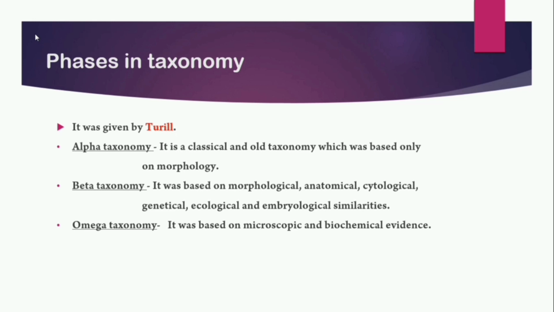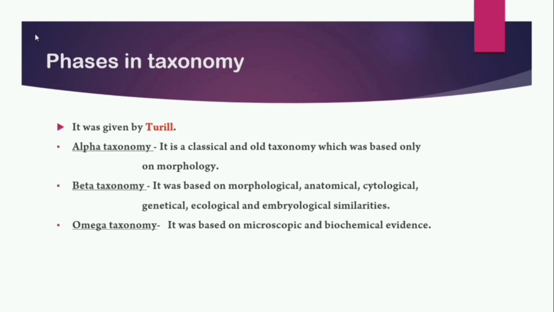Okay, again then comes the omega taxonomy, which is the third phase, and this phase was based on microscopic and biochemical evidence. Now this was when the microscope was developed. Okay, so Leeuwenhoek was the scientist who developed the microscope, and when he developed this, now the studies were on the basis of some microscopic details.